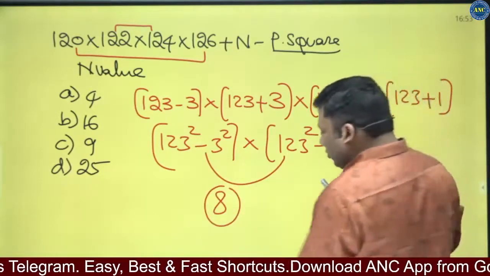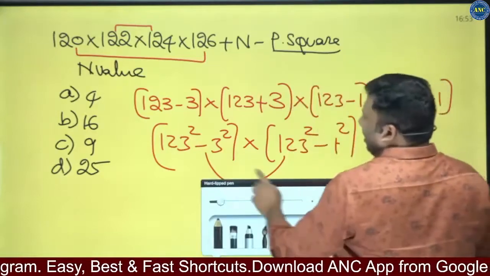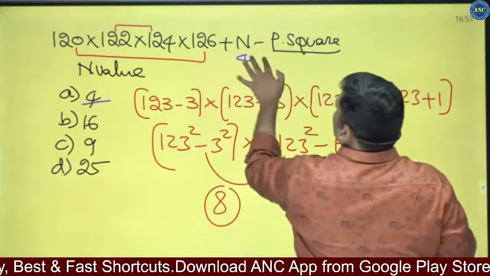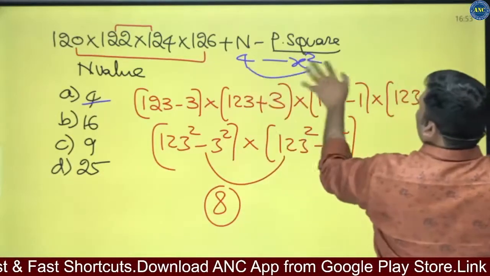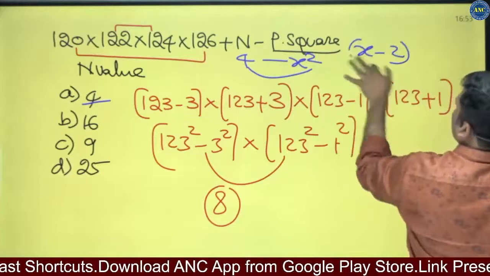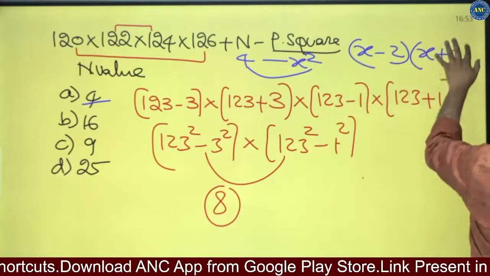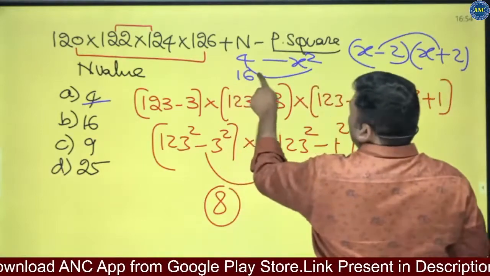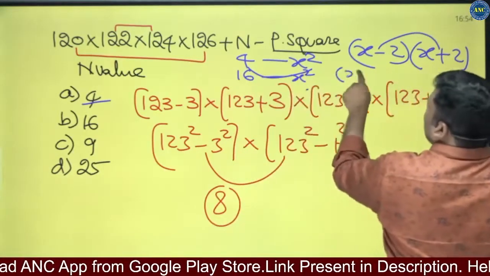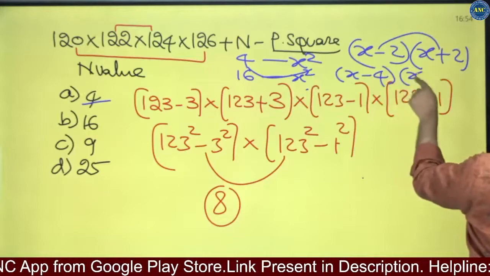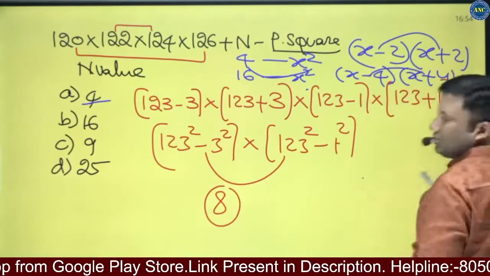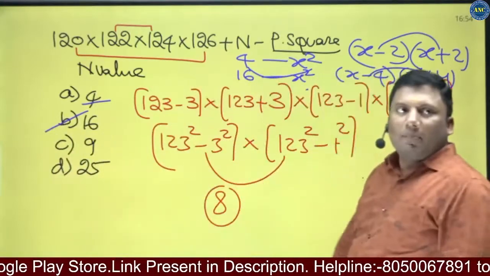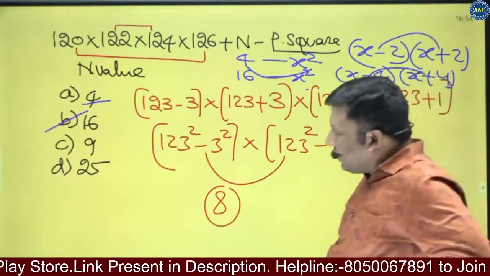If I keep 4, this will be x square; x minus 2, x plus 2, the difference is 4. But I require 8. If I keep 16, this is x square; x minus 4, x plus 4, the difference is 8. Simple. By looking at the question itself, I get the answer as 16.